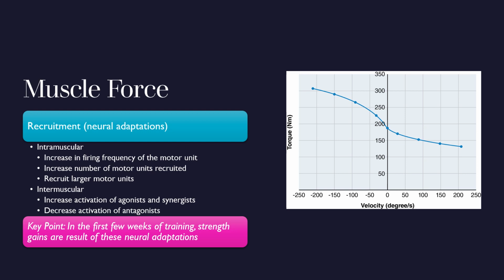It's important to note that the specific intramuscular neural adaptations can vary depending on factors such as training status, exercise type, and individual differences. However, these adaptations contribute to improved muscle force production and enhanced movement efficiency, as well as greater performance capabilities.